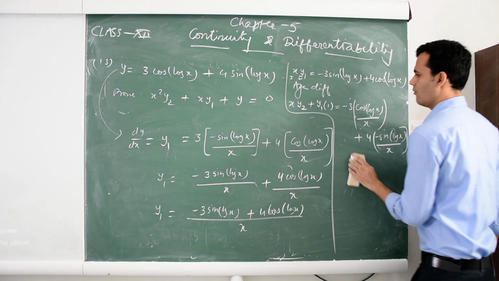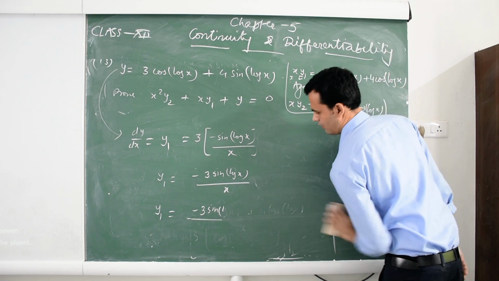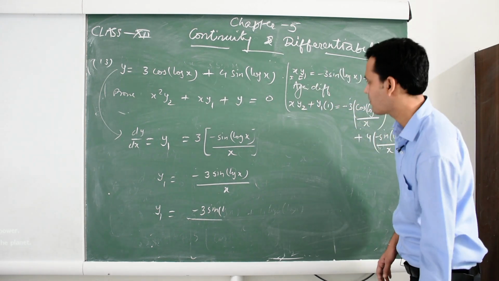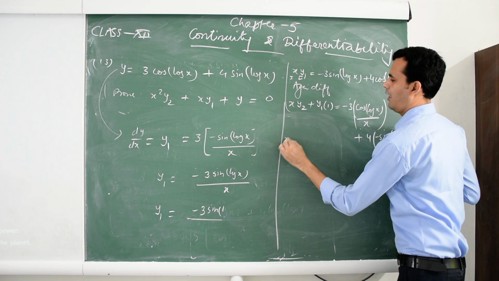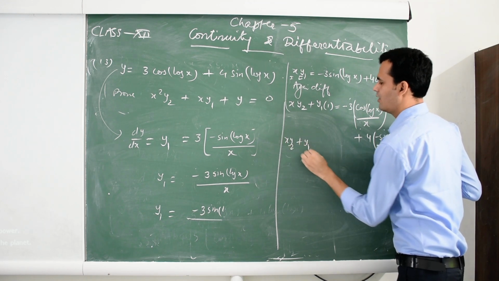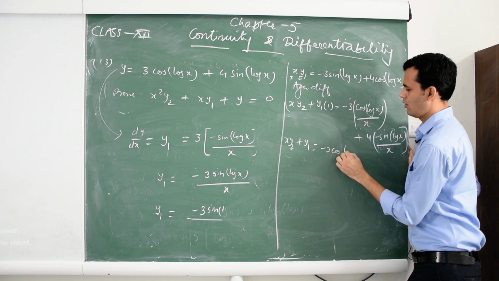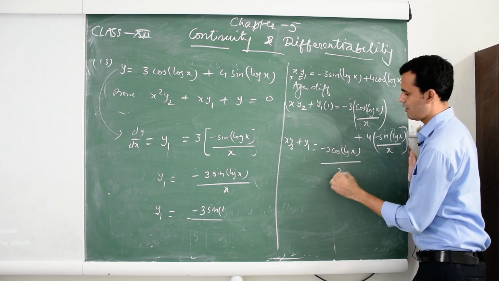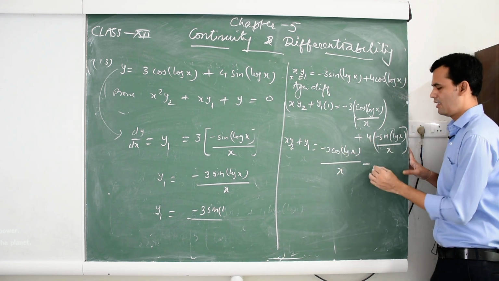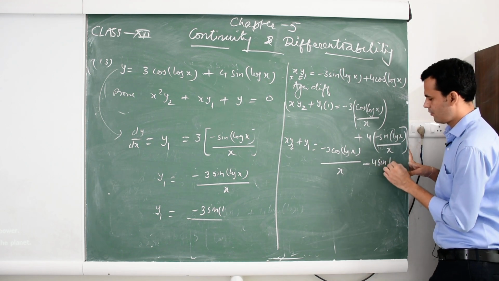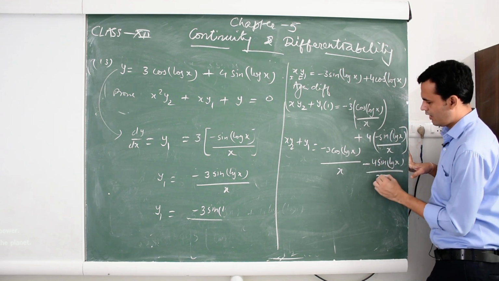So we get x y2 plus y1 equals minus 3 cos log x upon x minus 4 sin log x upon x.